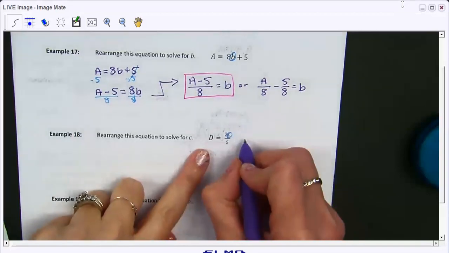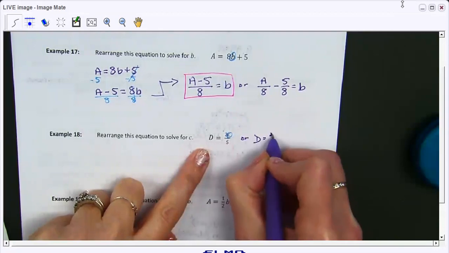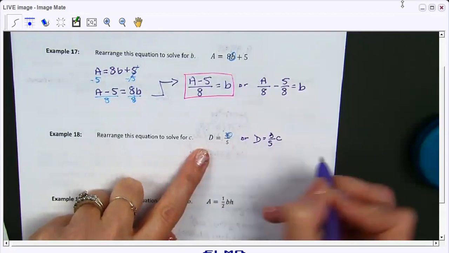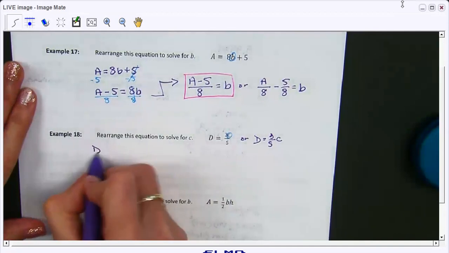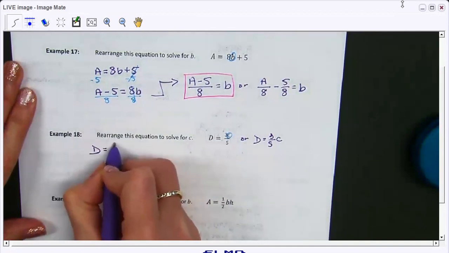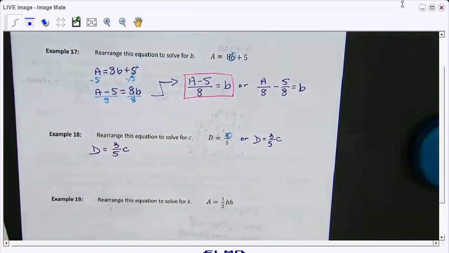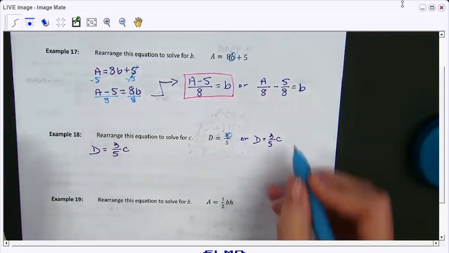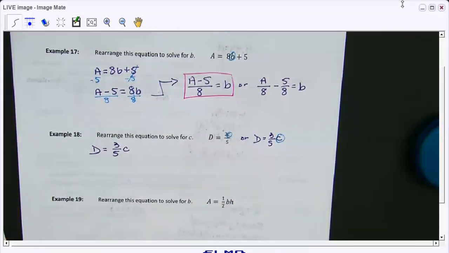Okay, another way to write this is D equals 3/5 C. Now we have solved problems like that. We did that in our warm-up today. You should have done it in your quiz today. So if I were to write this out as D equals 3/5 C, what do I have to do to isolate that C? Multiply by 5. Yeah, you're multiplying by 5/3, which is the reciprocal.